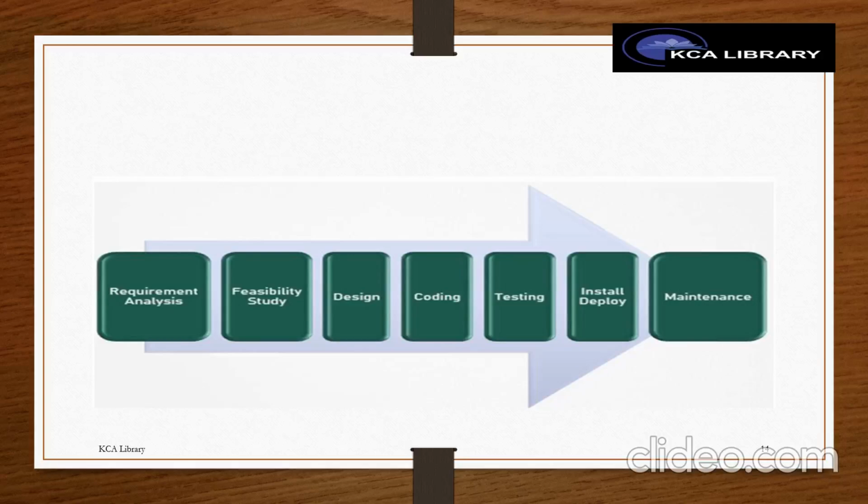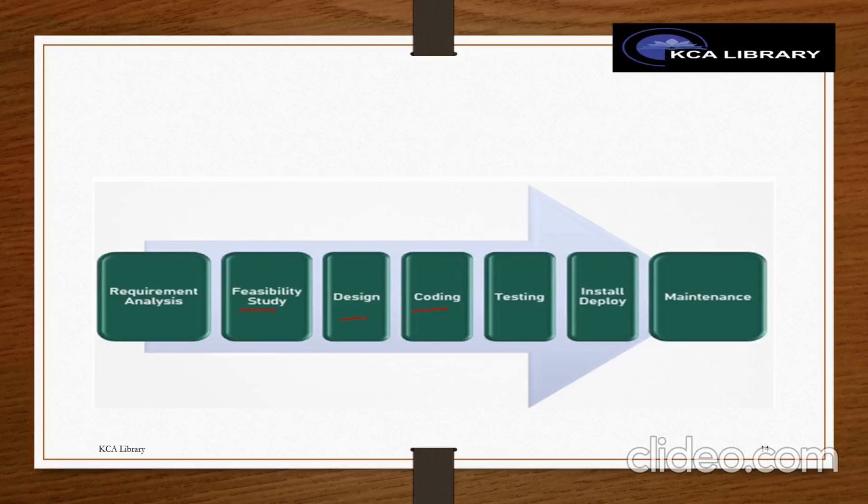And then we have the feasibility study. The feasibility study defines and documents software needs. Then we have design. In design, software design documents are prepared as per the requirement specification document. Once the design is done, that's where coding comes into play.